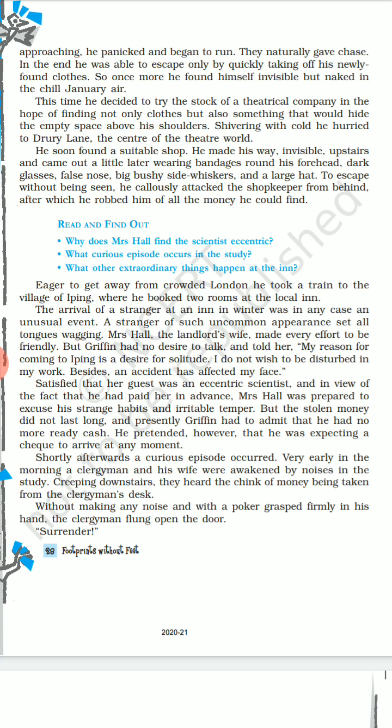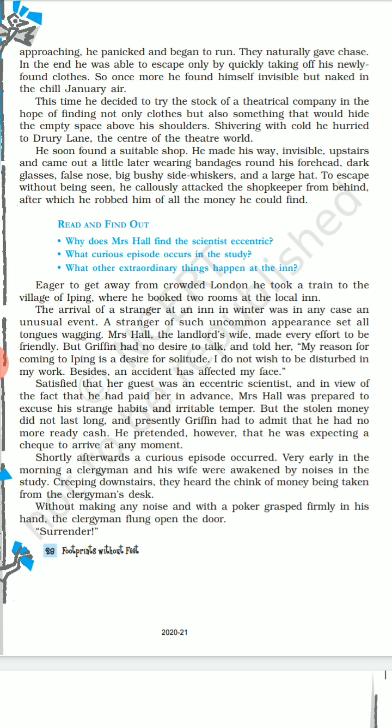So the assistants came and he was sleeping. He woke up, and he was no more invisible because he was wearing those clothes. So he was visible, and the assistants saw him, and he saw a couple of them. A couple of them means two assistants were there, and he also saw them, and he panicked.